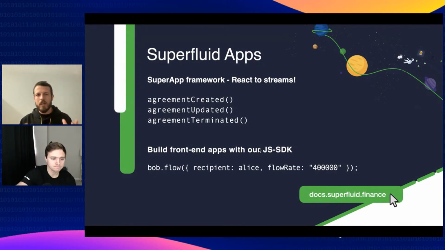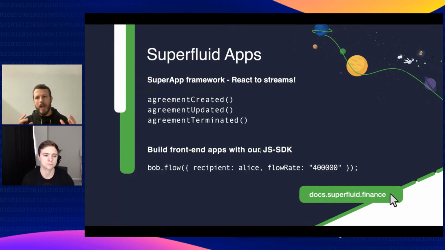So just to give you an idea of what a Superfluid app can do, we have three main things that are your touch points, which are basically callbacks, right? When a user opens a stream, updates a stream, or closes a stream to your Superfluid app, it can execute custom logic.